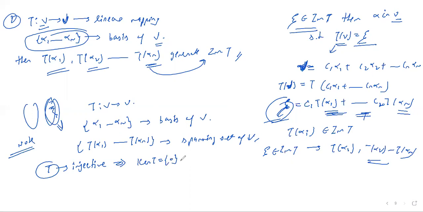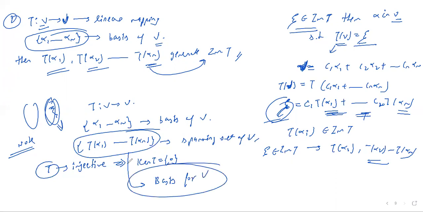Then the corresponding spanning set, T alpha 1, T alpha 2 to T alpha n, is the basis for U. If T is injective, that means ker T equals 0, then the spanning set here would be linearly independent. And as it is also a spanning set of U, this would be the basis of U.